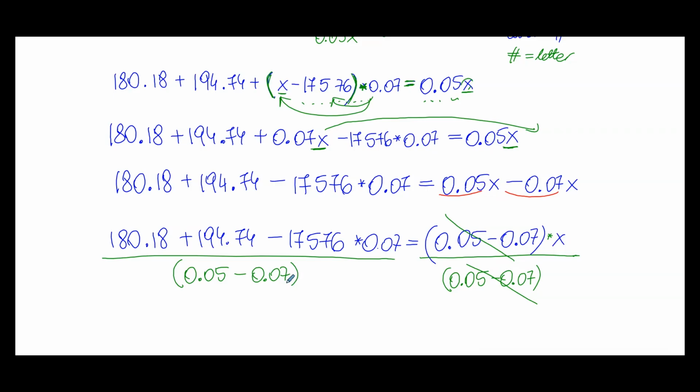Now look at that. This side of the equation we have only x. We have all the rest of the numbers on the other side of the equation without touching the calculator. Now when we put that in our calculator and press equal, we get a value. And that value, that is how much she makes. So it's 42,770. That is the value of x. That's how much money she is making.